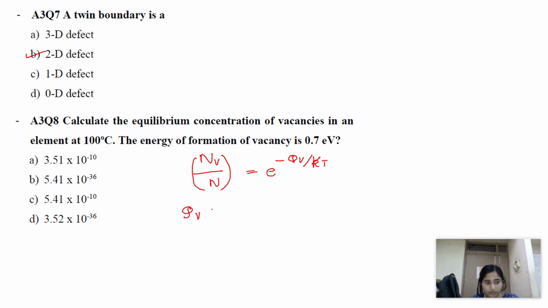So Qv is given as 0.7 electron volt, and the temperature is already given as 100 degrees Celsius, so it will be 373 Kelvin. Now, Boltzmann's constant is given, you can take it as 8.62 times 10 to the power minus 5 electron volt per Kelvin. Now find the value of Nv by N.